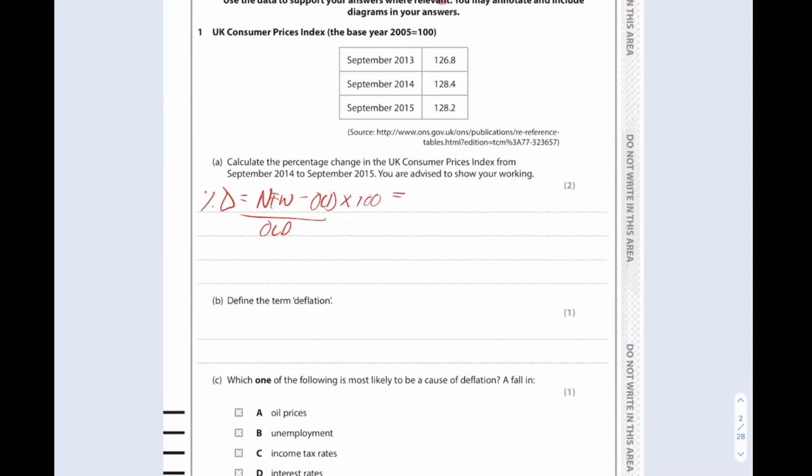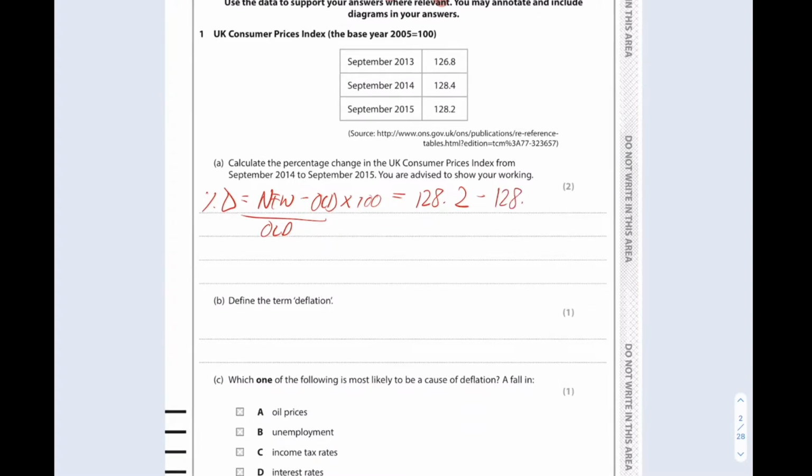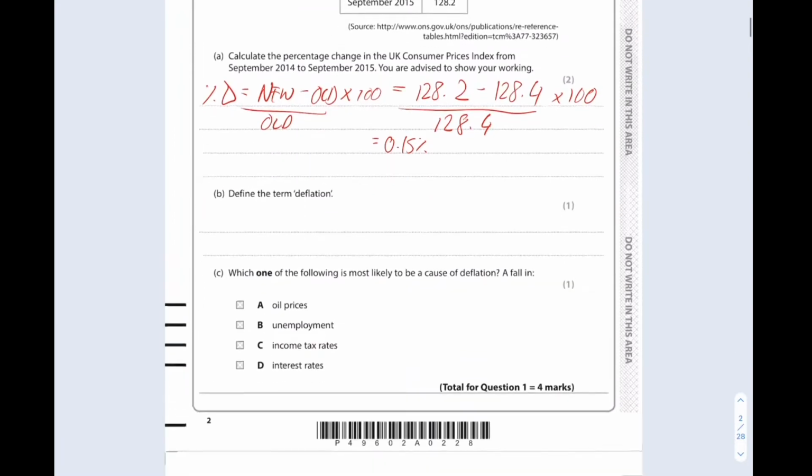Here my new is September 2015, which is 128.2. My old is September 2014, which is 128.4. So 128.2 minus 128.4 over 128.4 times 100. If you type that into the calculator, you should get a percentage change of about 0.15%. Now, it may come out as 0, but it does not matter.